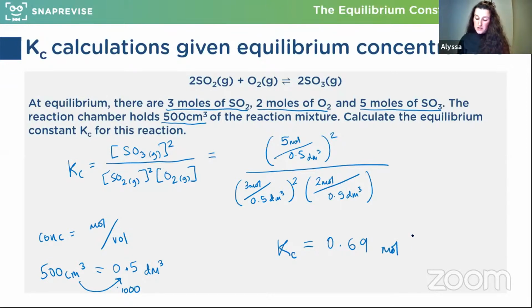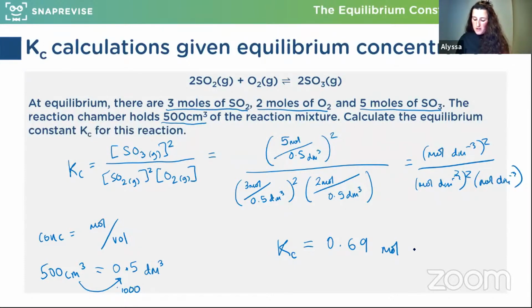Mole and units. What are our units? It's moles over moles. Mole per decimeter cubed squared divided by mole per decimeter cubed squared times mole per decimeter cubed. So we must make sure we write in our units. Our units should be mole to the minus 1 decimeters cubed, or decimeters cubed mole to the minus 1.